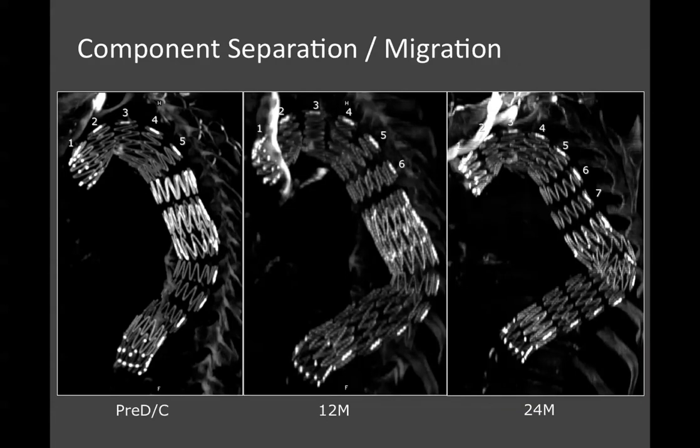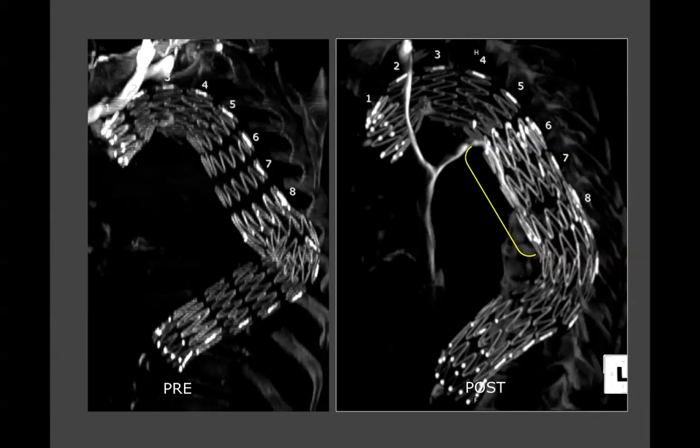Component separation is a late complication that's also been well recognized. In this particular example, this is the pre-discharge CT scan. You can see a nice overlap of up to 3 stents illustrated here. Over the period of time, 12 months, 24 months, approximately 1 stent per year of migration has occurred, to the point where at the end of 3 years, although there was no endoleak, there was barely any kind of overlap between the top and bottom stents.